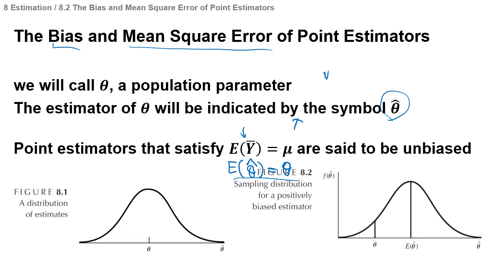So what's this situation? Figure 8.1 describes a distribution of estimates. Here is the true theta. We assume that our true parameter theta is a fixed point, for example a mean mu, which is fixed. We have a population, and there is a population mean parameter, which is a fixed value.